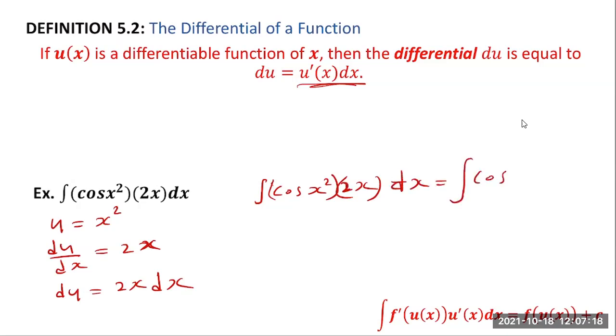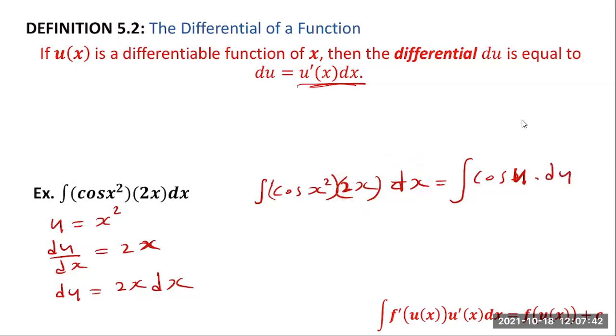Now I'm using my U substitution. Remember, x squared is my U. So let me put U here, times 2x times dx. But I know that 2x times dx is exactly du. I can put du here. If I put du here, this is what you get.